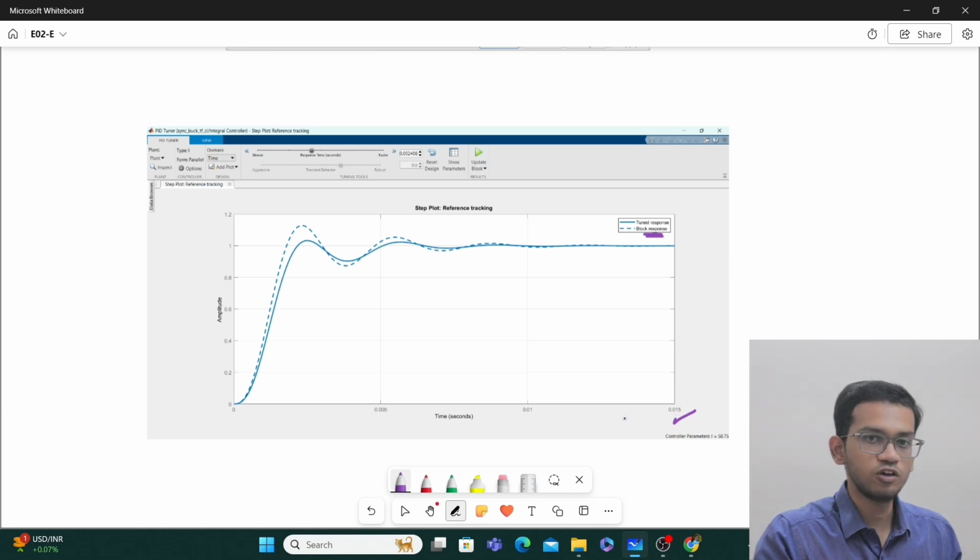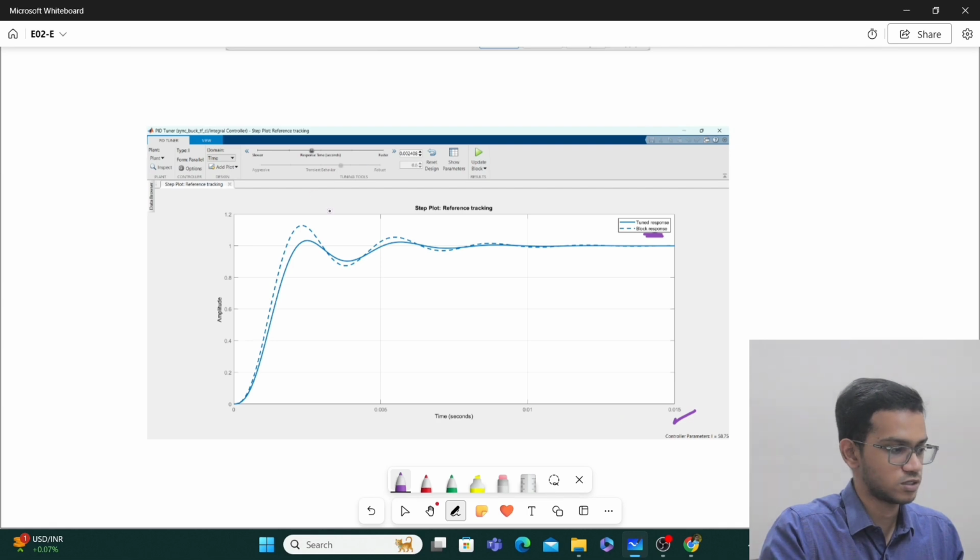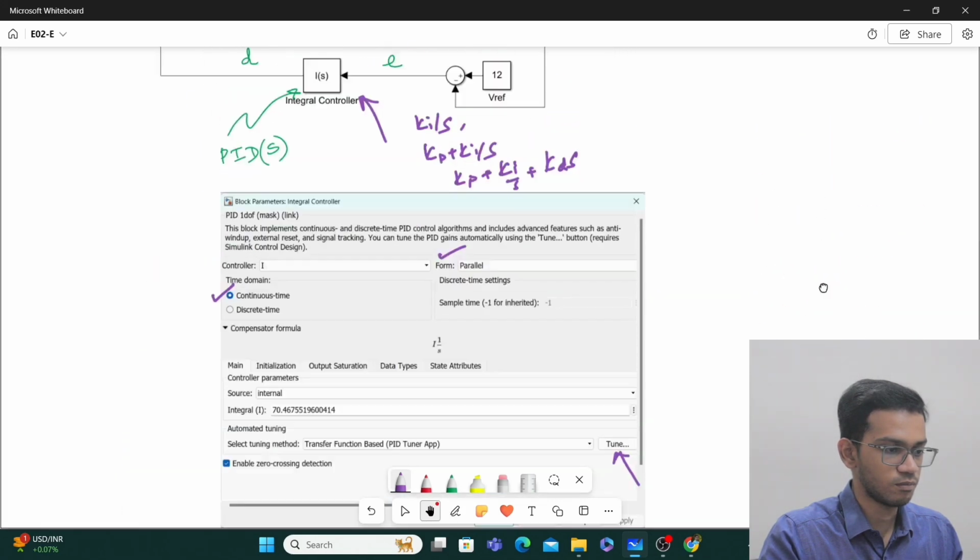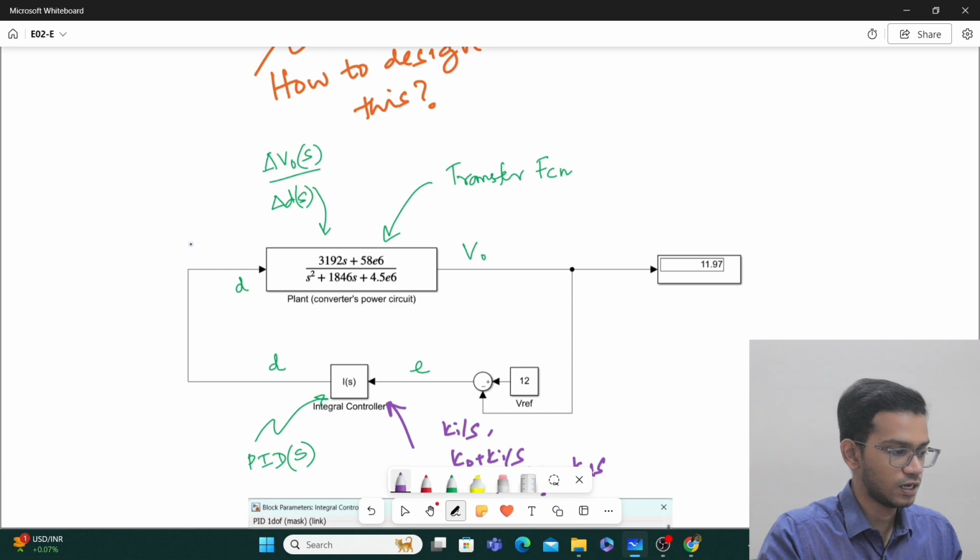Now, similarly, you may have another requirement stating that the maximum peak overshoot should not exceed 120% of the steady state value. You could see this is a step response basically. This is a step response, meaning whatever block I am having here, I am giving a unit step input to this, and I am observing what is its output.